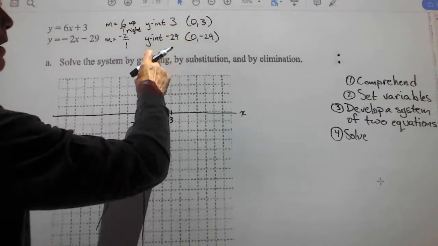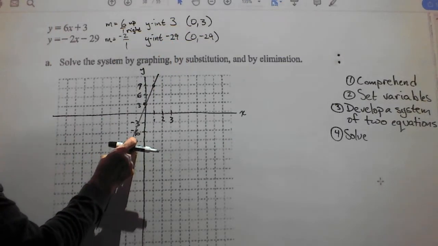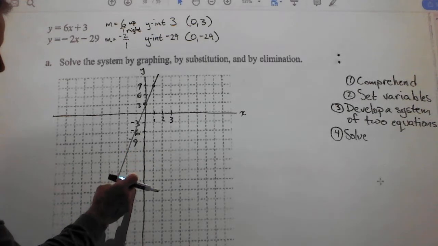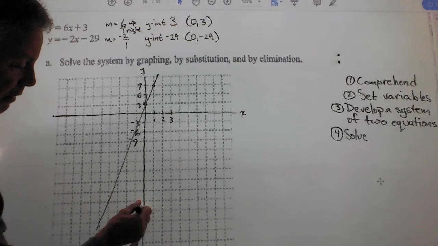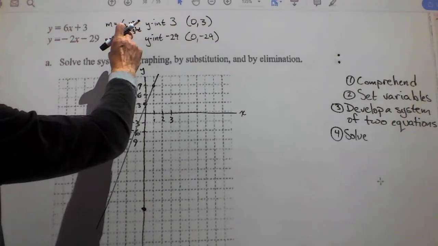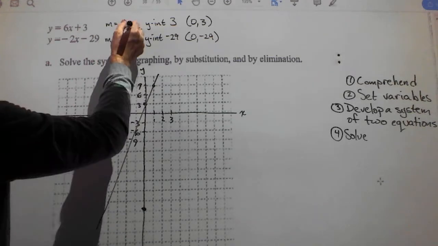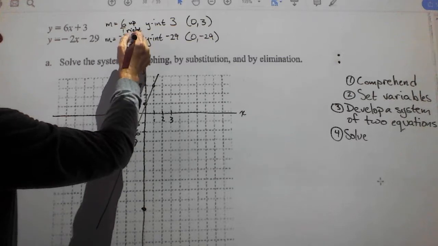For the second line, the y-intercept is at negative 29, so 12, 15, 18, 21, 24, 27, 30, so it would be right around here at negative 29. And our slope tells us we have to go down 2 and right 1.